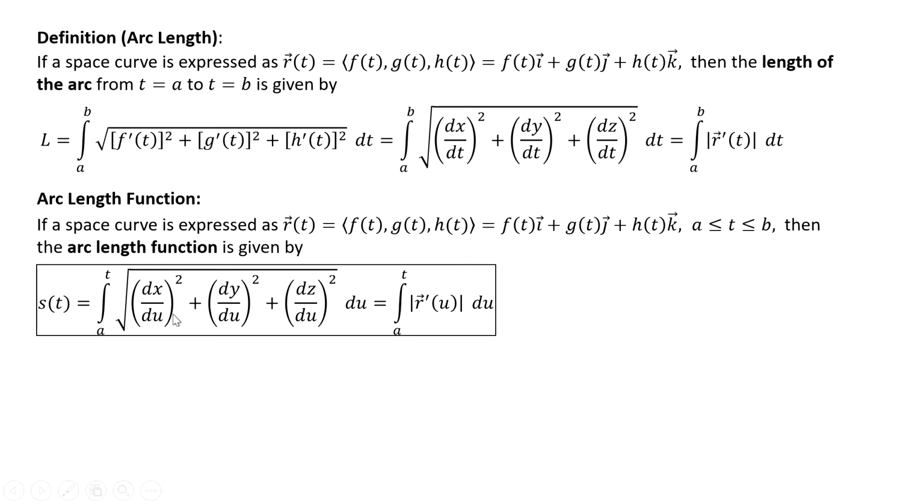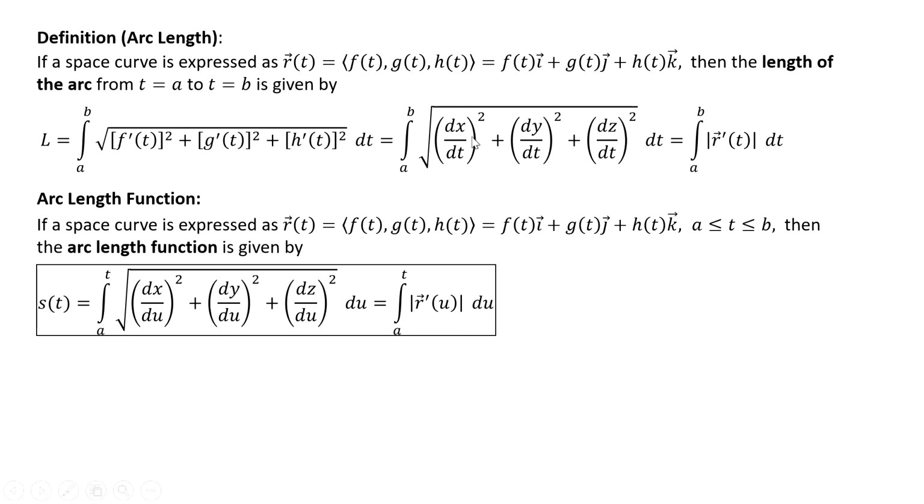What? Why not? It's because the t is a variable here, which happens to be our limit of integration. So you cannot integrate from a to t and have a t as a variable inside the integral. That's why typically mathematicians use a different variable.